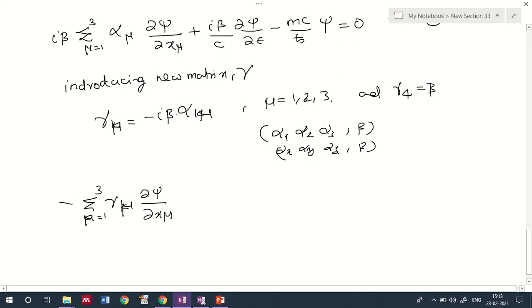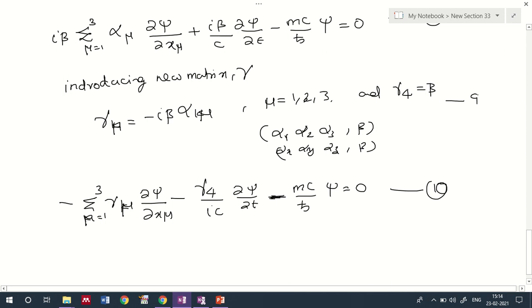Gamma mu dou by dou x mu minus gamma 4, that is beta, right? i c dou psi by dou t, minus mc by h cross psi, which is equal to 0. So this is our 10th equation. Our 9th equation is this one.